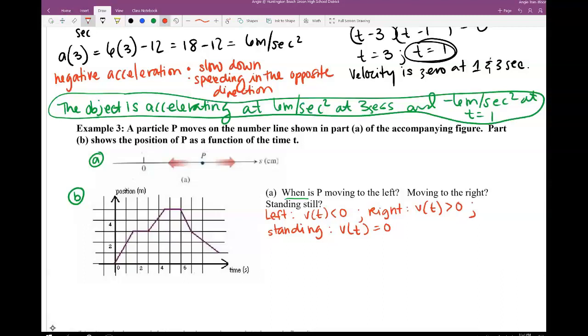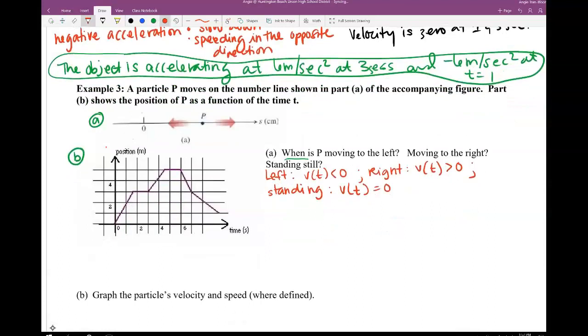So the derivative of position. So this is s of t because it says position, okay? So let's look at the derivative. So it looks like issues are, we have some funky looking thing right there, and right there, and right there, and right there, and right there. Would you agree? So all of those spots are pretty much weird things that we have to look out for. So what's going on?